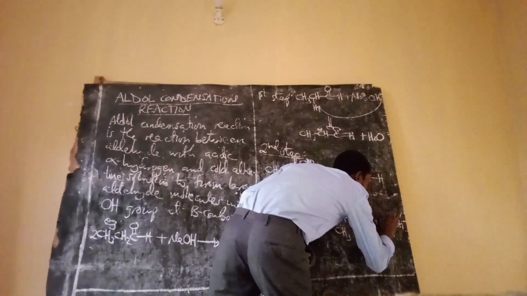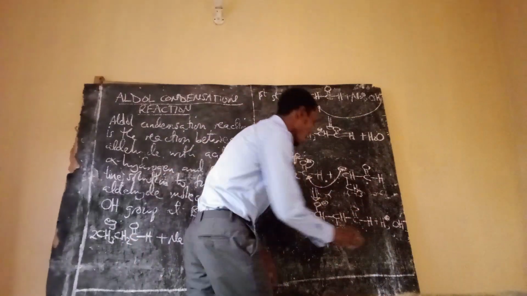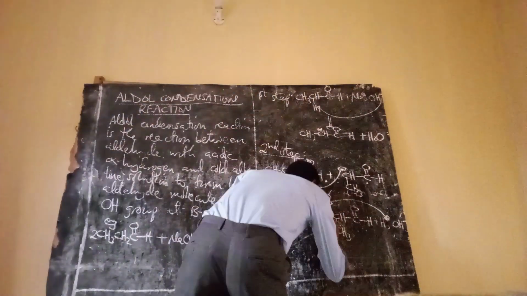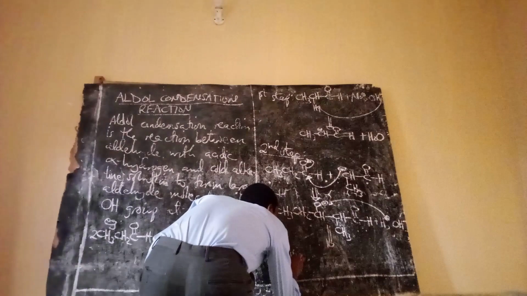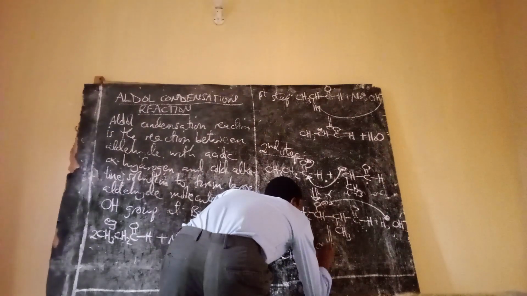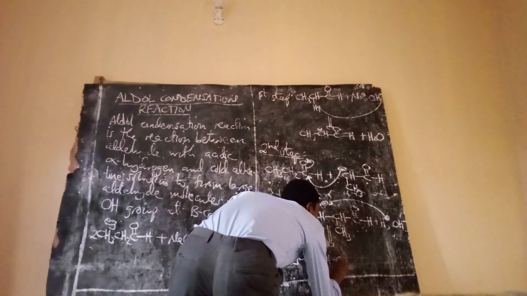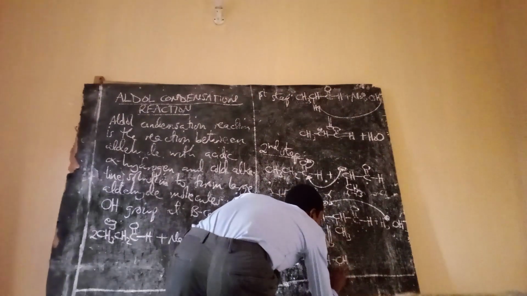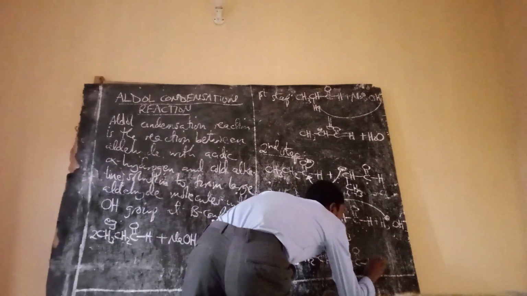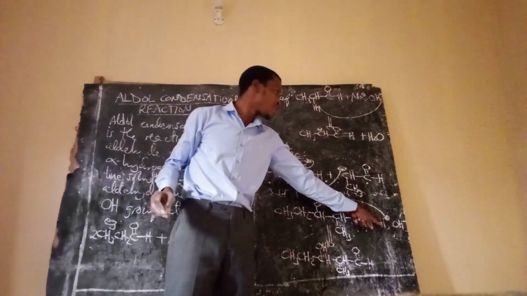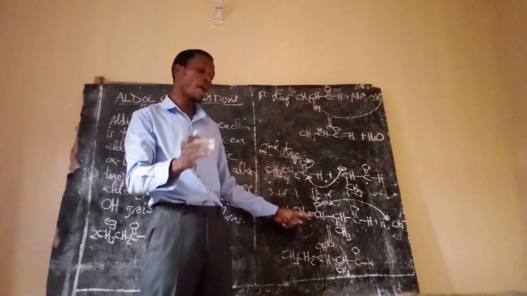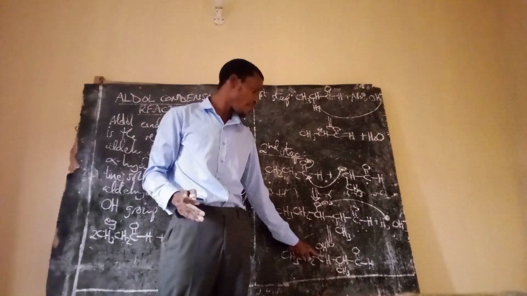The hydrogen protons formed are attacked by the negatively charged oxygen to form the large molecule of aldehyde having an OH group at the beta carbon atom.